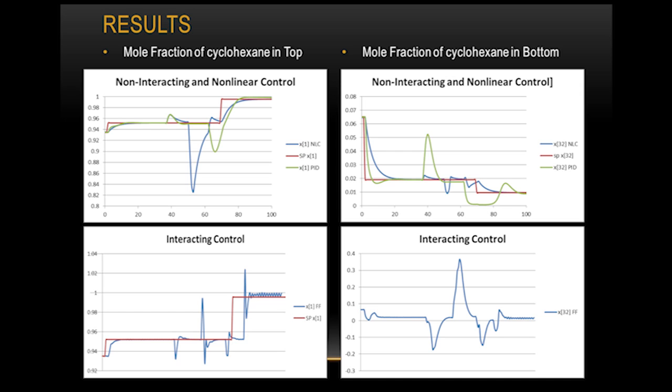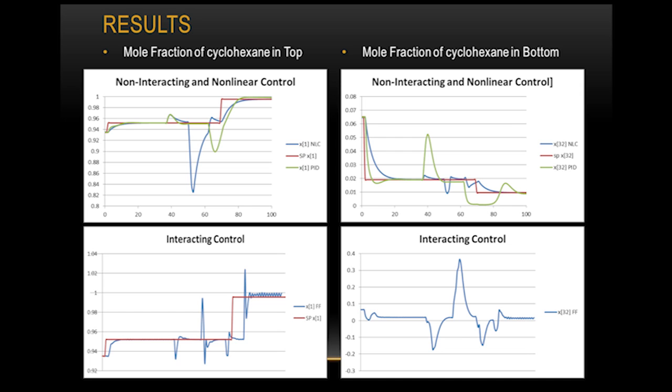We weren't sure in the tops exactly why it dipped down so low from the feed disturbances that occurred. But since we didn't look much into the equations, we don't understand completely why that happened.